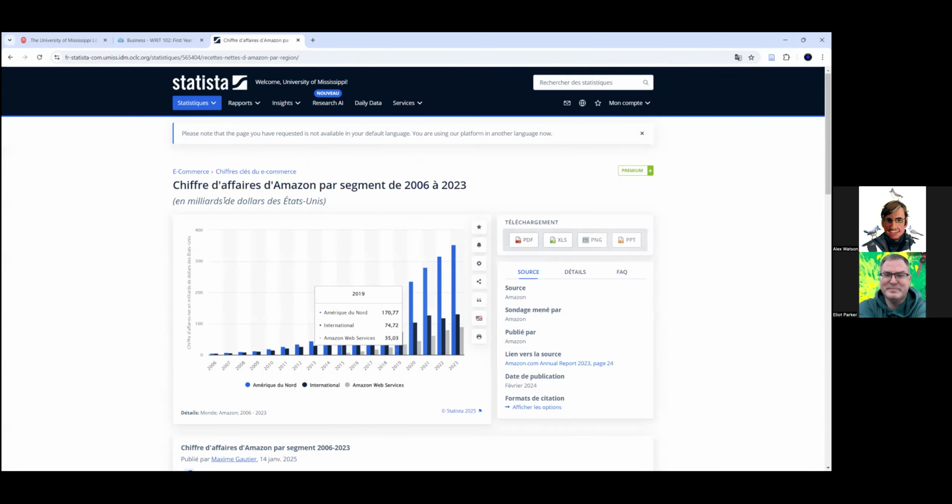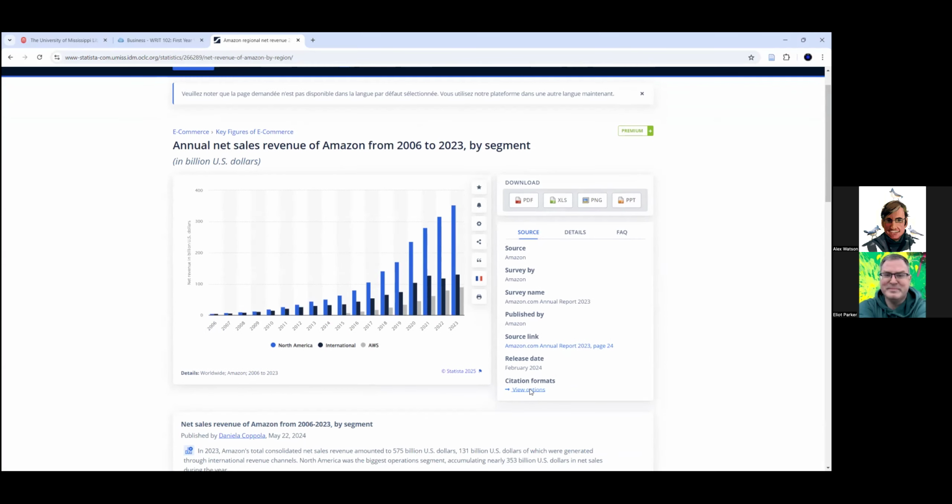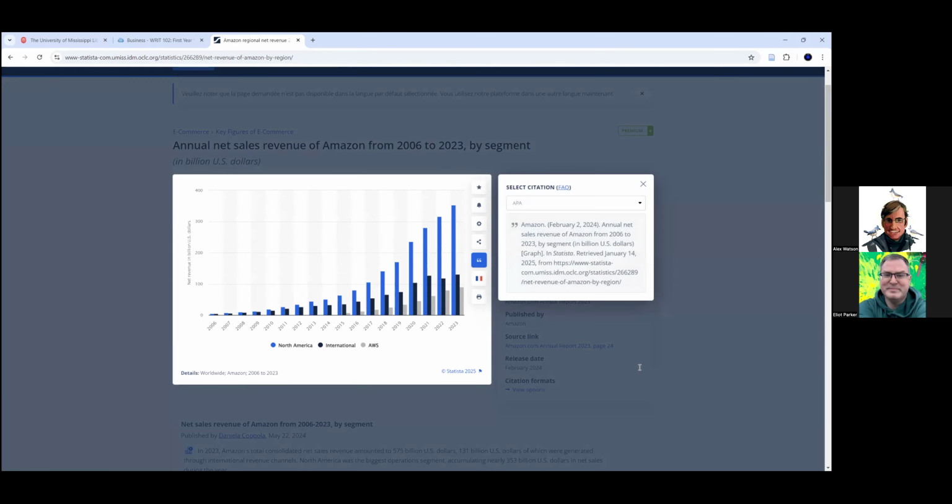So if you want to read this in French, you certainly can. Or we can click on this weird hybrid Brit American flag to change back. You also have the ability to generate a citation for these statistics. You can see we can generate an MLA style citation here.